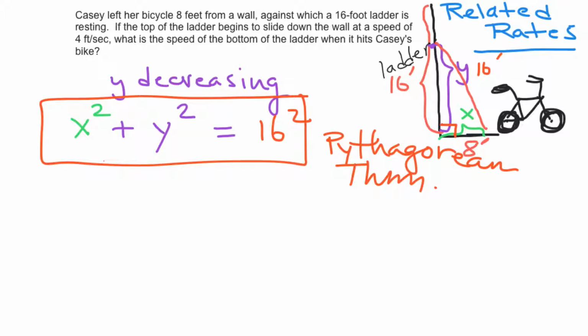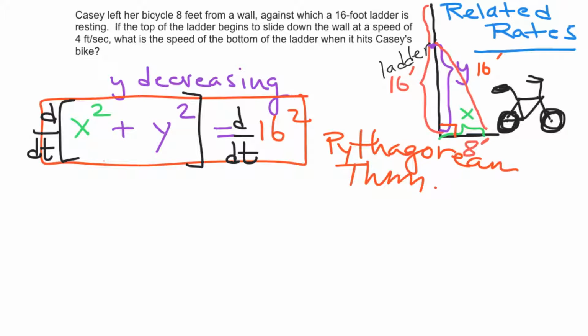Now, how are we going to get these rates into the picture? Well, for that, we need to take some derivatives. This is the only equation that we have to work with. So let's differentiate both sides of the equation with respect to t, because time is the independent variable here, and these distances are changing as functions of time.